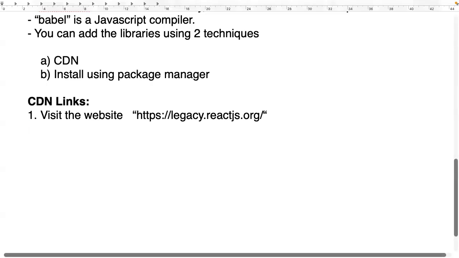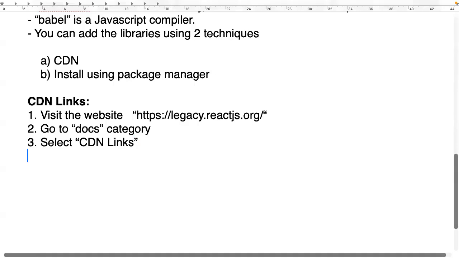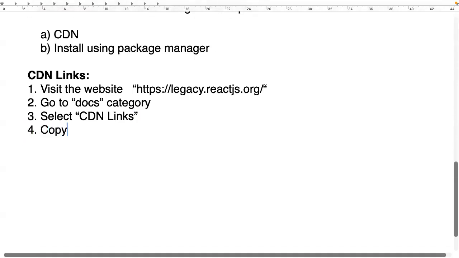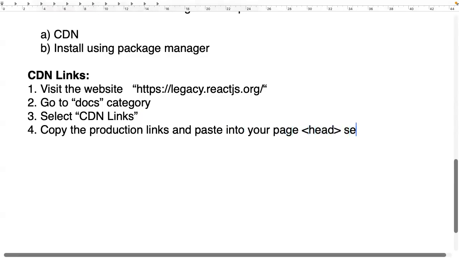Go to the documents category. Then you have to select CDN links and copy the production links and paste into your page head section. These are the things you have to do.